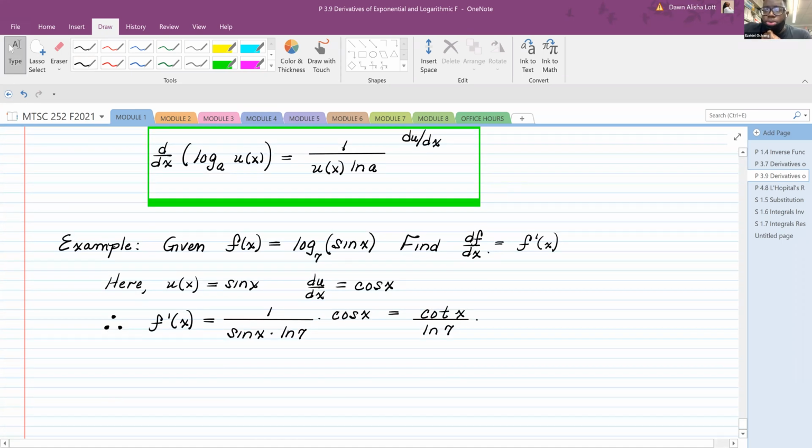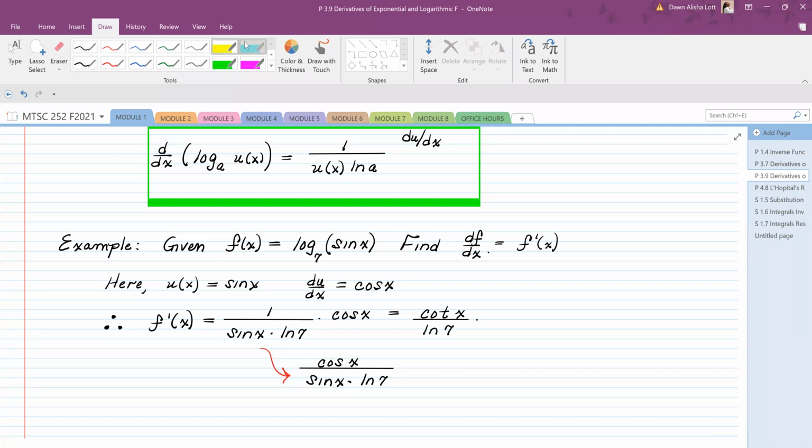Dr. Lott, you cross multiplied sine x, yes? Yes. 1 over sine x times natural log of 7 times the cosine of x. So then what I did was I just made this the cosine of x over the sine of x times natural log of 7.